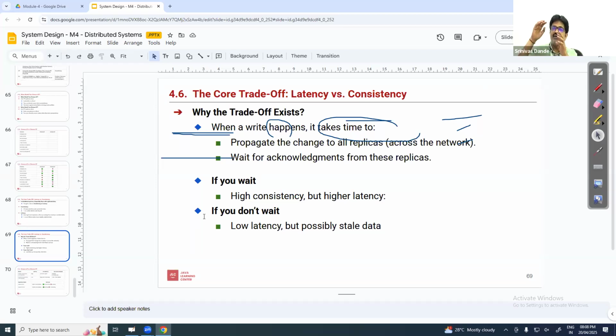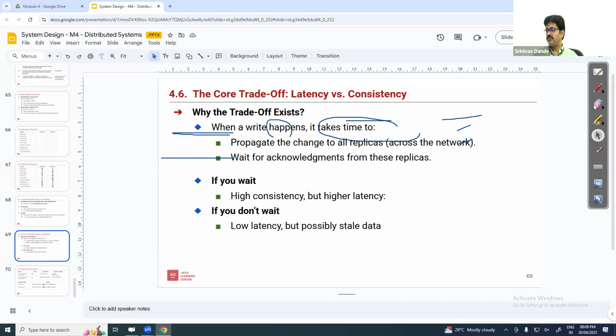Then you give whatever wrong data is available with you to the user. If that user comes again, you may give wrong data again. When that user comes again, you may give the right data, because by this time eventually the data is replicated here.